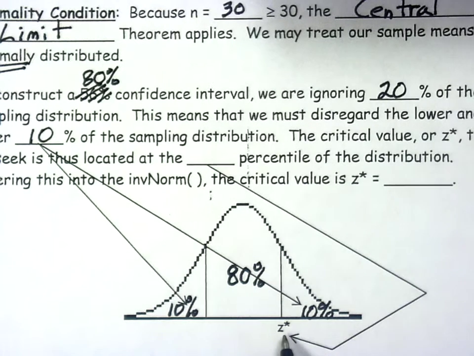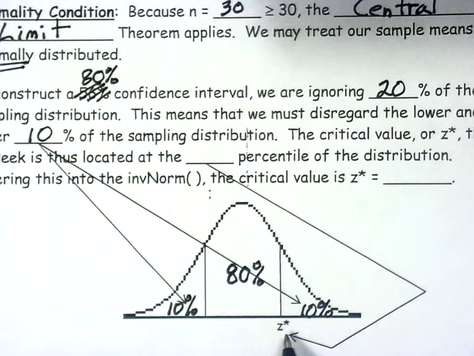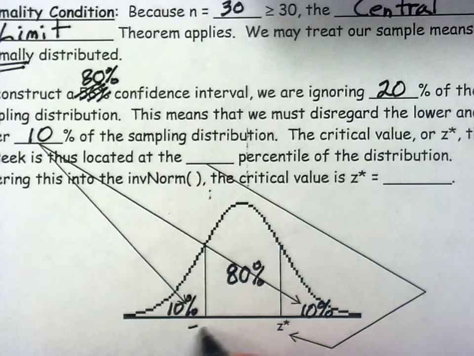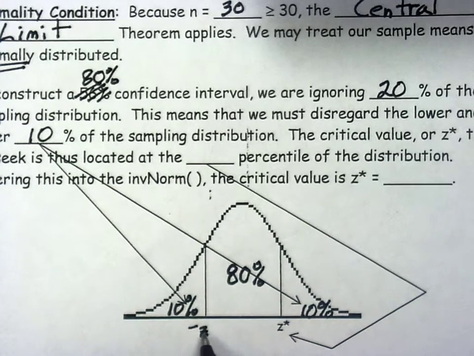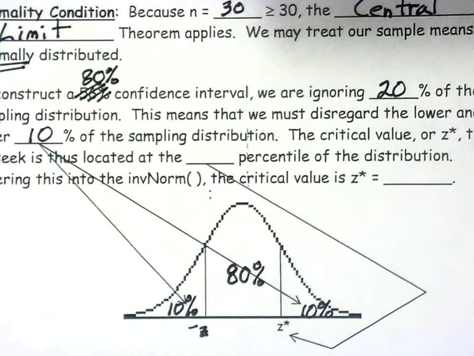It tells me how many standard deviations above and below the sample mean I want to go in order to find an upper and a lower boundary. I need to find this z-score right here. That z-score and the opposite of that z-score will bound the middle 80% of the sampling distribution.